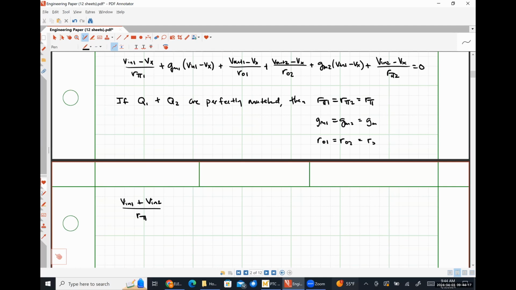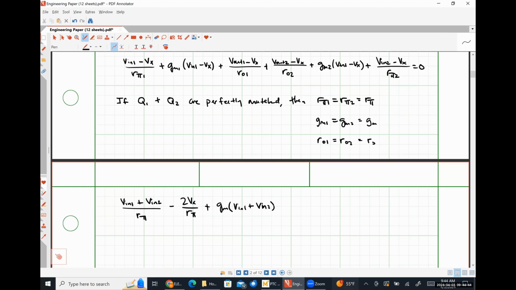The other part of those expressions is going to give me a negative twice Vx over R pi. Then I have a gm times Vn1, and a gm times Vn2, so I can add those together.